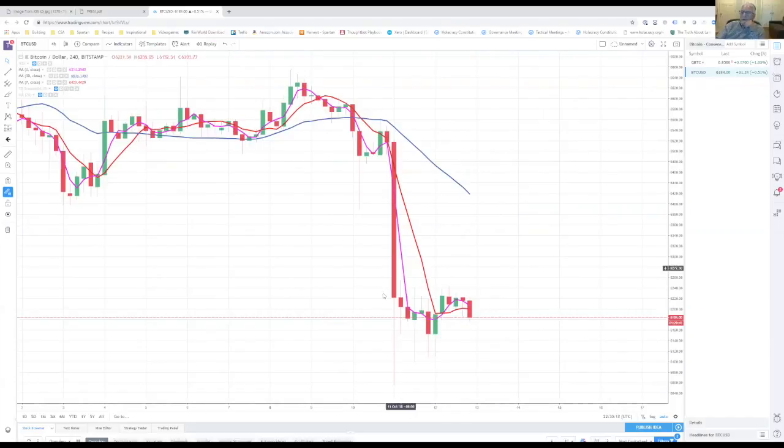I wouldn't be buying this one, although we're so far below the moving average, which in this case, again, is the 4-hour moving average, that we're starting here to look like we're going to do something.